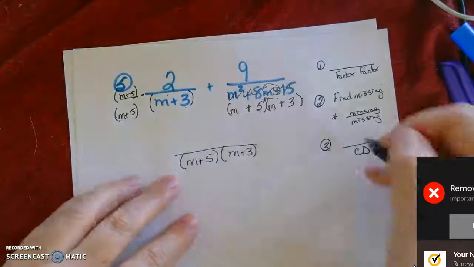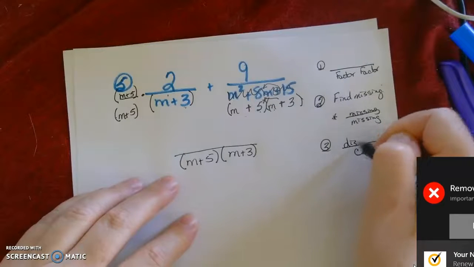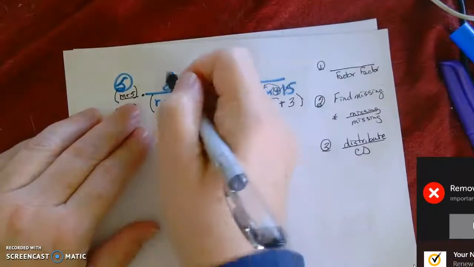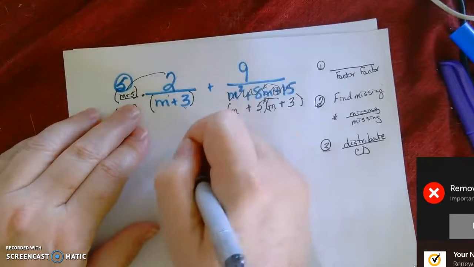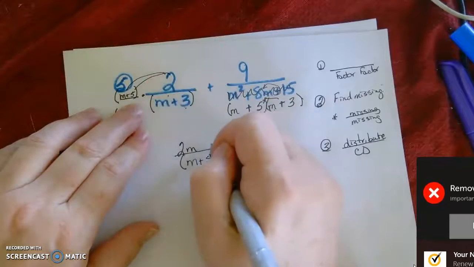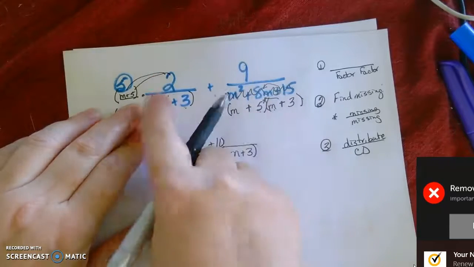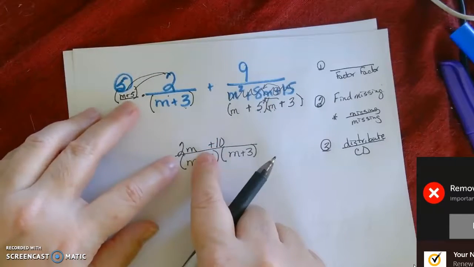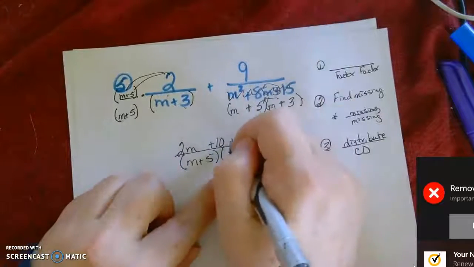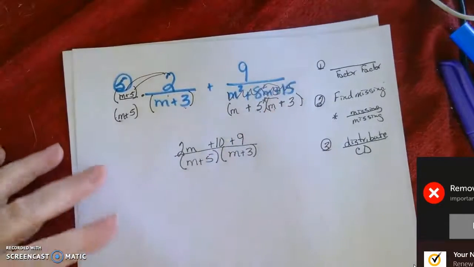And in my numerator, I'm going to distribute. So 2 times m is 2m. 2 times 5 is 10. So that's my first fraction. My second fraction, I have nothing to distribute. So here's my 9.